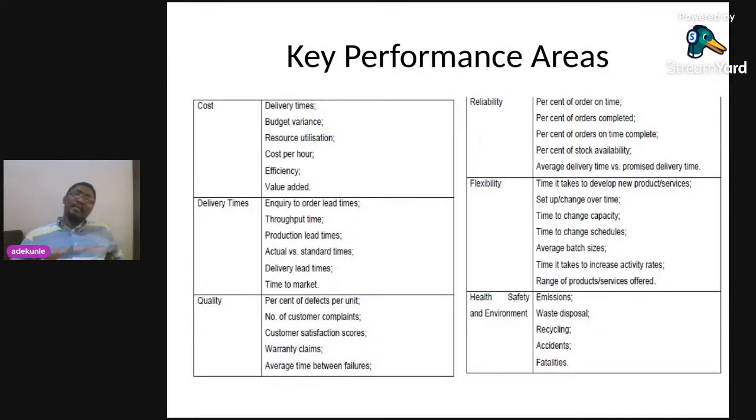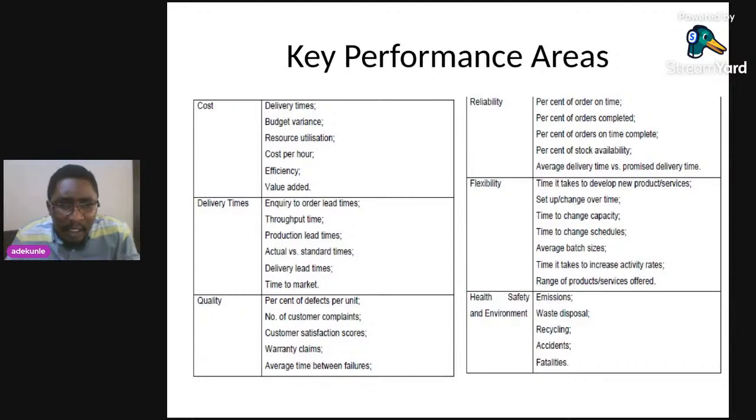Then from there, we look at key performance areas. I'll give an example. We'll talk about the cost of delivery. Cost, you look at the delivery cost, you look at the budget cost, look at revenue. And when you look at delivery, you are looking at the production delivery time, delivery lead time, throughput time, the time you get to the market.